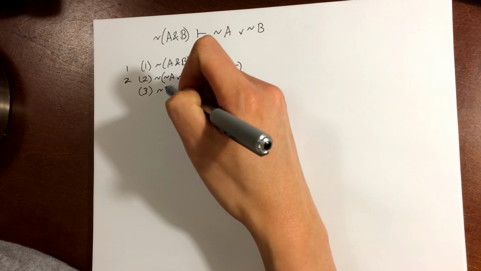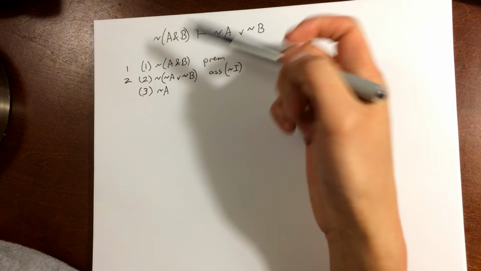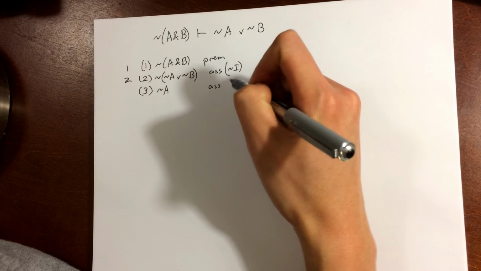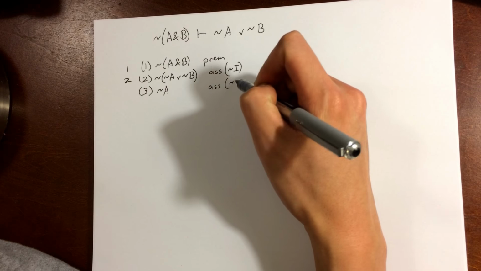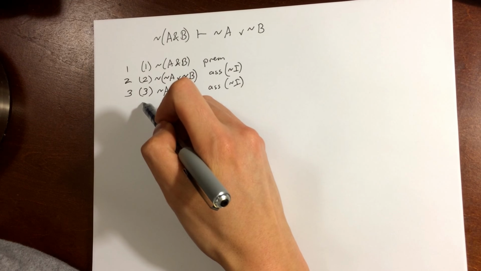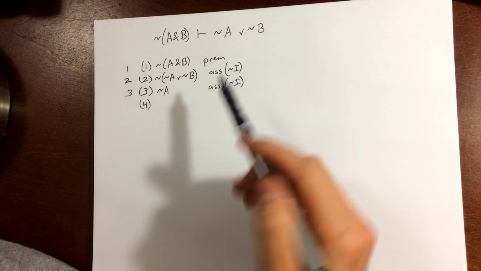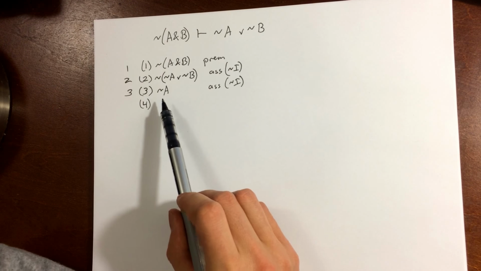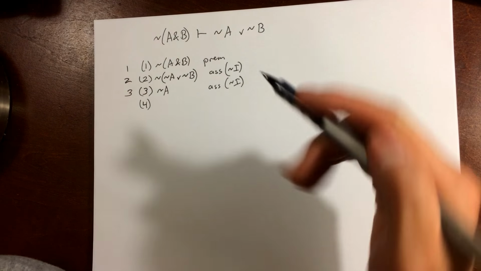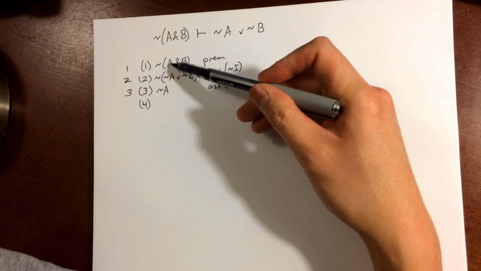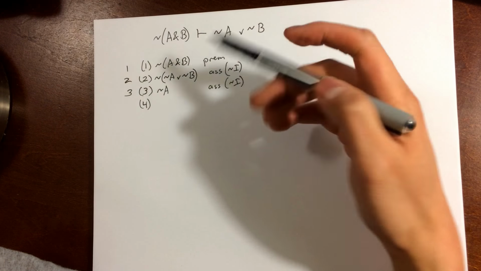So I'm going to assume the opposite of what I want, and what I want right now is A, right? And so I assume that from negation introduction, I'm sorry, for negation introduction. Okay. So once you get the assumption of not A on line 3, hopefully you'll see that you can produce a contradiction to again get A.